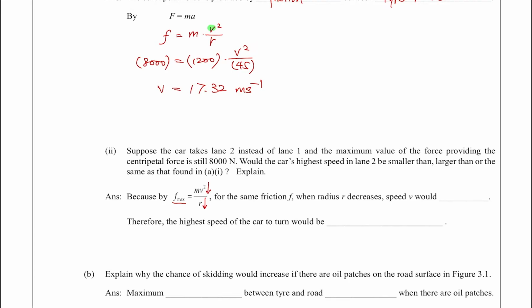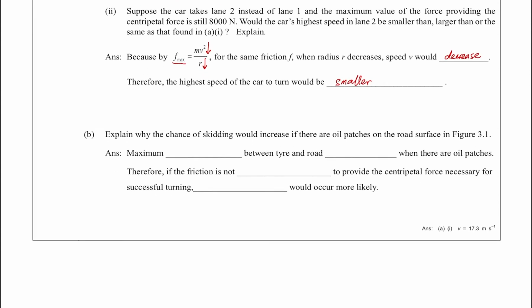Left hand side unchanged. So v has to be decreased in order to keep the balance. So for the same friction, radius decrease, speed v would decrease. As a result, we can conclude that the highest speed of the car to turn would be smaller.